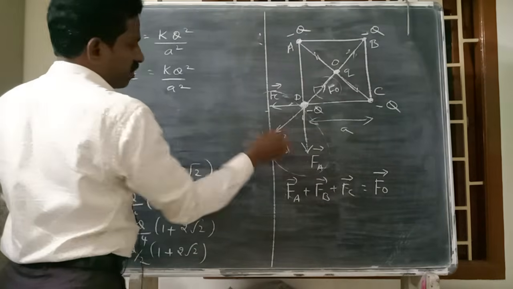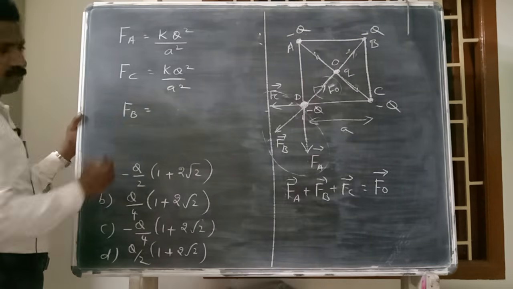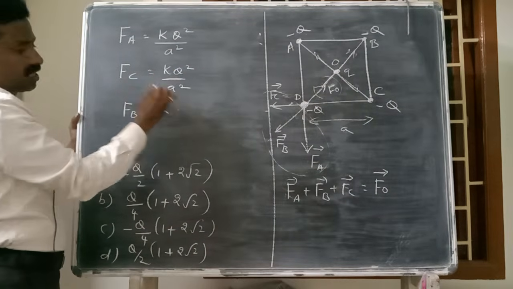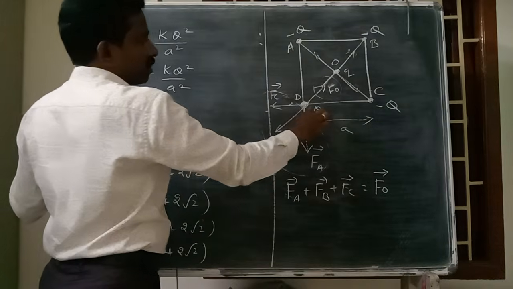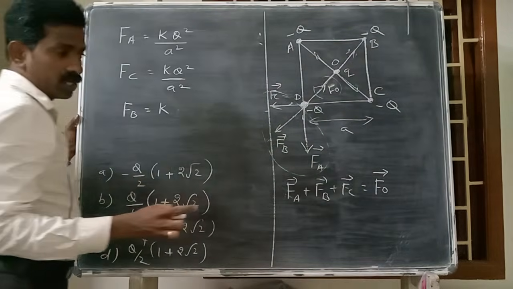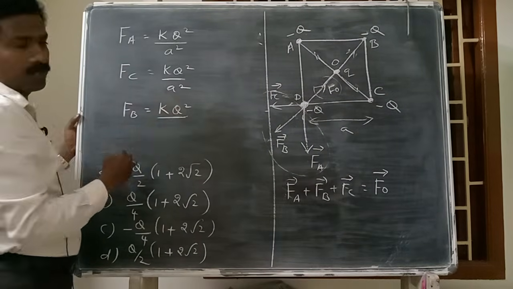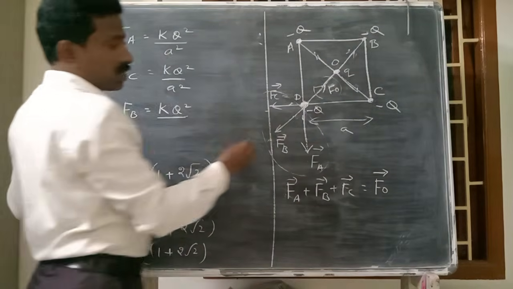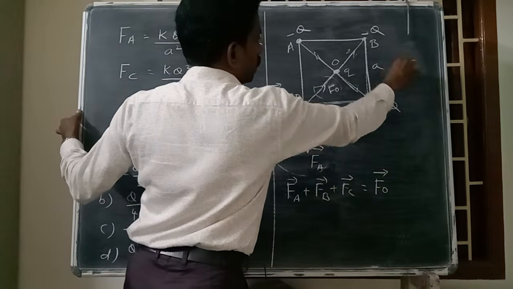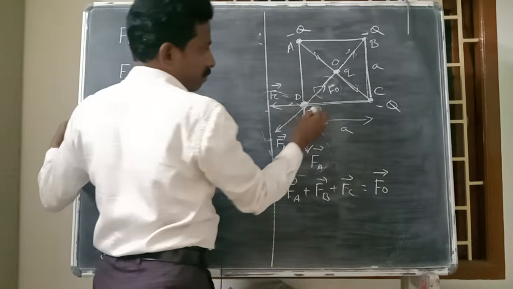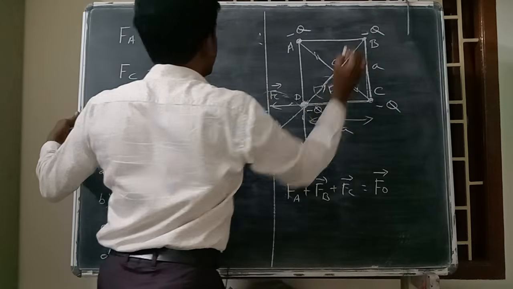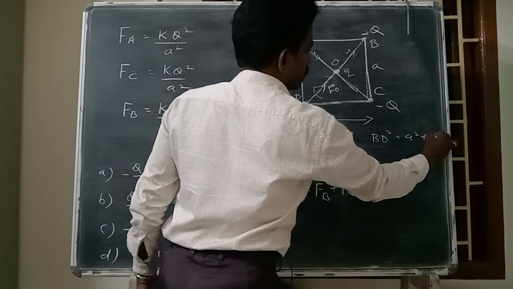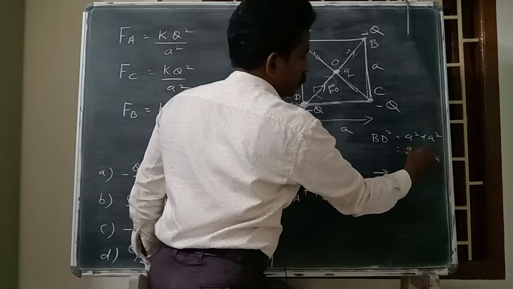What is the value of FB? FB is the force due to this charge. So constant K will be there, and this minus Q and minus Q, that is Q1 into Q2, so Q squared divided by the distance between these 2 points, B and D. This side is A, this side is also A. So by applying the Pythagoras theorem, BD squared equals A squared plus A squared, which is equal to 2A squared.